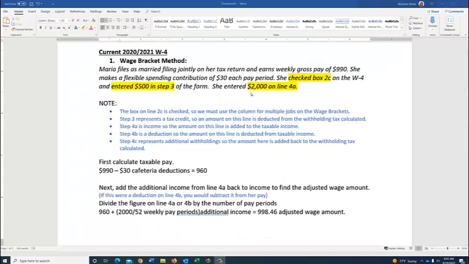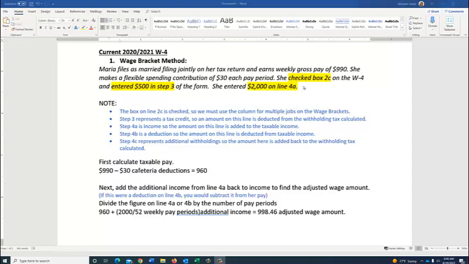Okay, now we'll address the other items. In steps 3 and 4 of the current W-4, there are items that will affect the taxable income used, and there are items that adjust the federal income tax withheld once it's calculated. So always address the items that affect the income first.